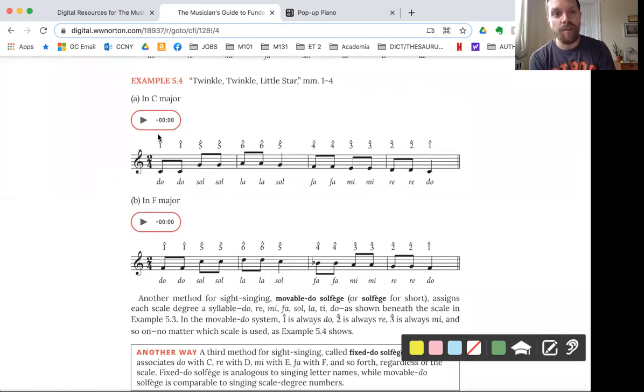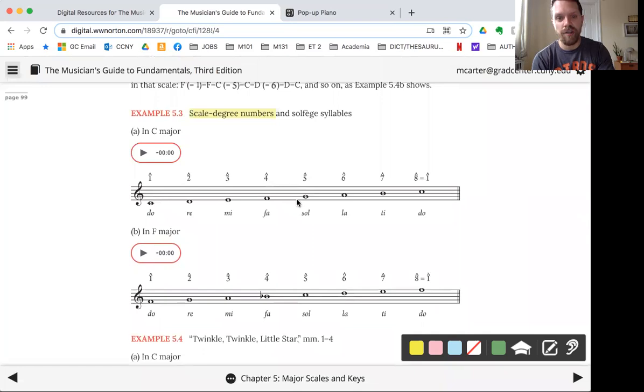So if we want to take Twinkle, Twinkle, Little Star, that's in C major, and we call it C major because the 1 is C. But let's say I want to sing Twinkle, Twinkle, Little Star in F major. Well, now I have to make F 1. And instead of in C major, G is 5.